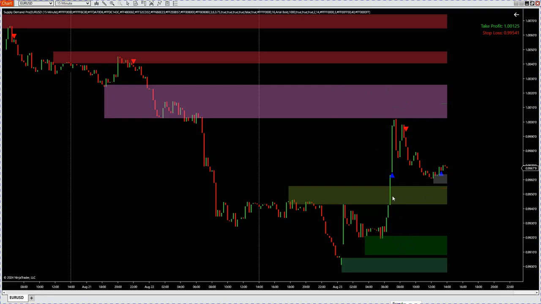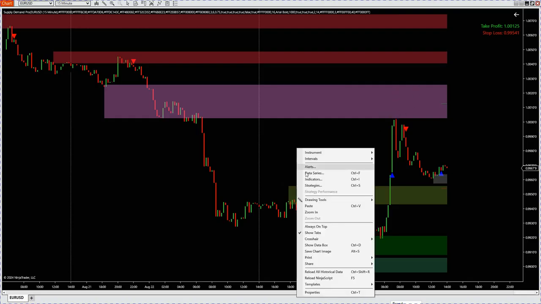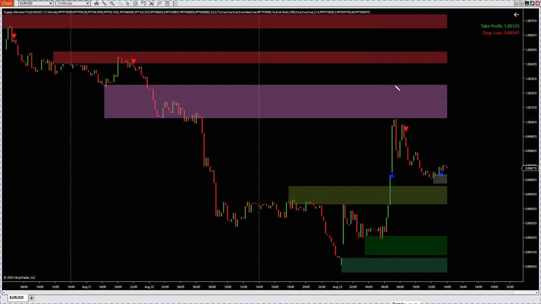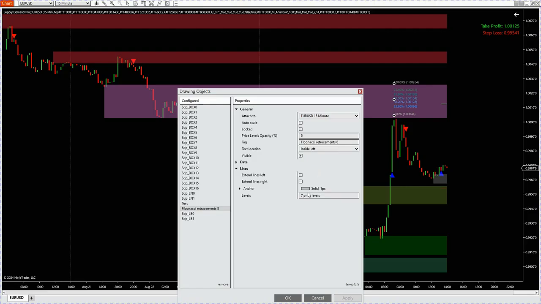One of the popular things to do here is to place a retracement. Let's draw in a Fibonacci retracement, a modified one where we only have the midpoint levels. This is how we would do it.